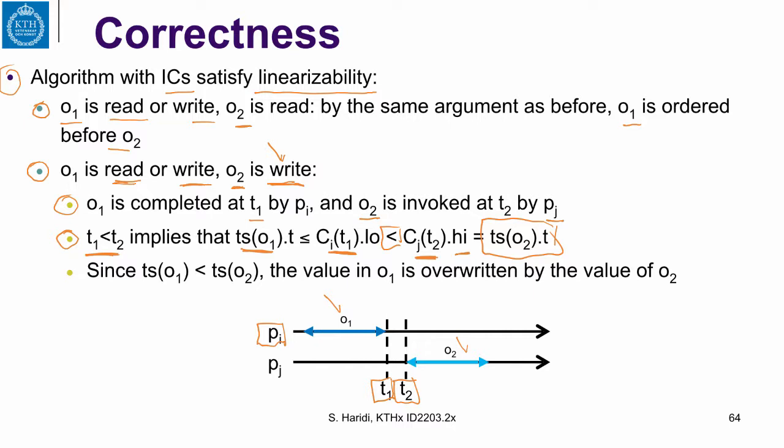Therefore, the timestamp of O1 is less than the timestamp of O2. And since this is the case, the value of O1 is overwritten by the value of O2.